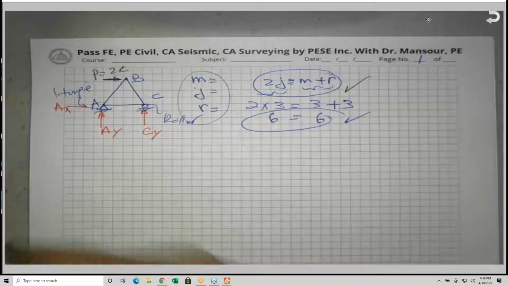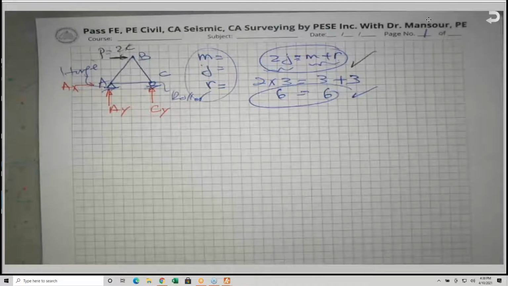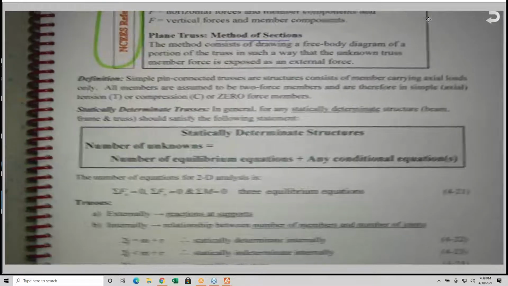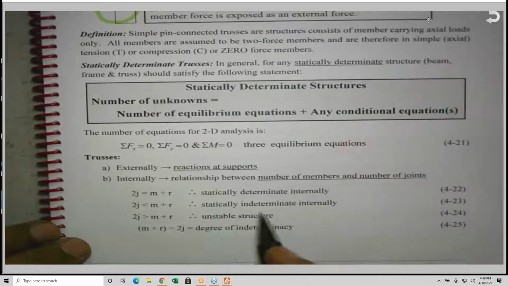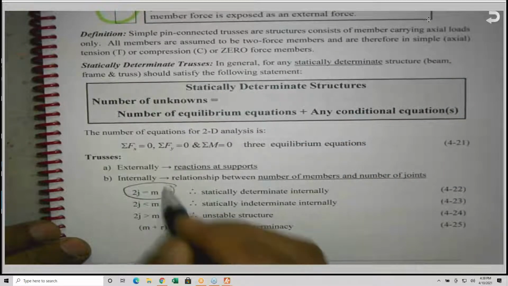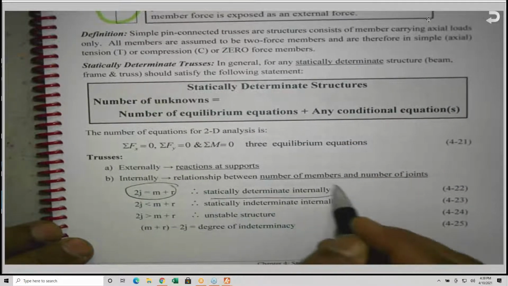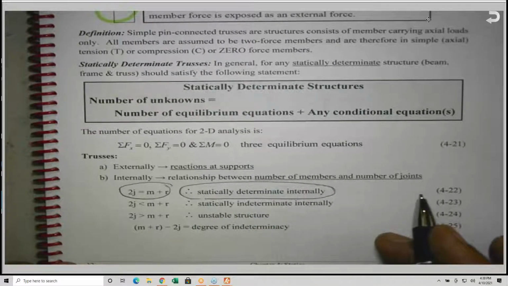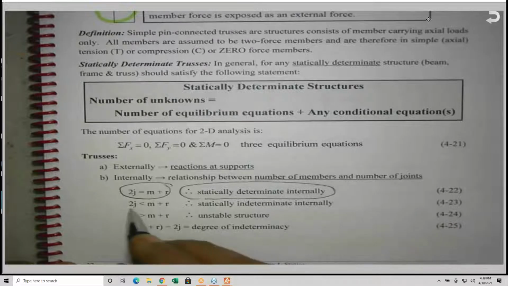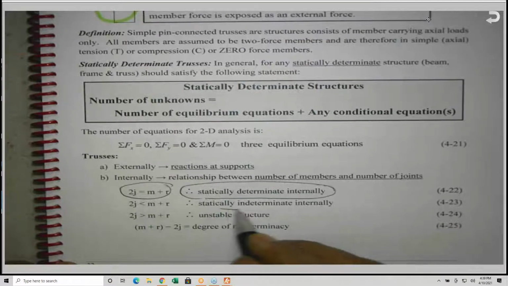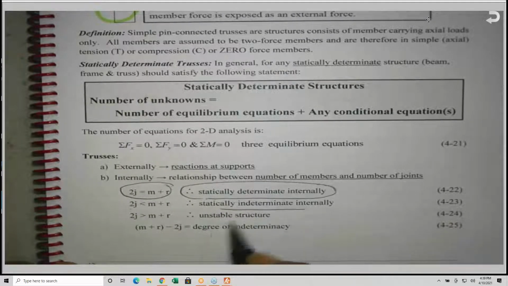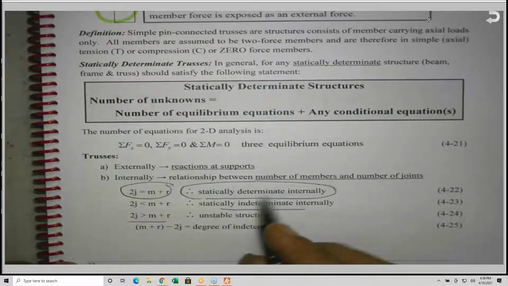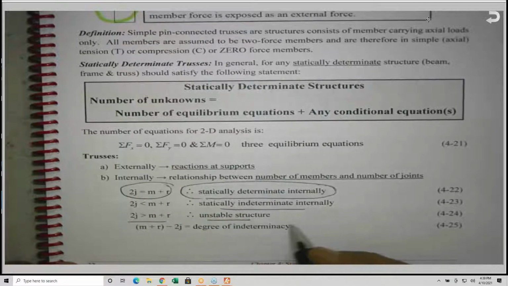We're going to see this equation in another section, and I discussed it here in my book: 2J equal to M plus R is statically determinate internally. If 2J is less than M plus R, it is statically indeterminate internally, and if 2J is greater than M plus R, it is unstable.